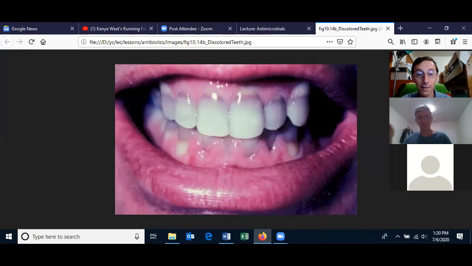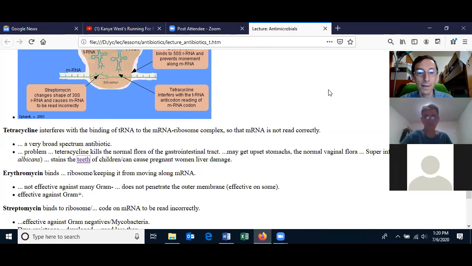That's a side effect that happens with tetracycline when it's given to children. So tetracycline is not usually given to children. I think that has to be young children, not children like 13. And then tetracycline also can cause liver damage in pregnant women. So those are some of the side effects with tetracycline.